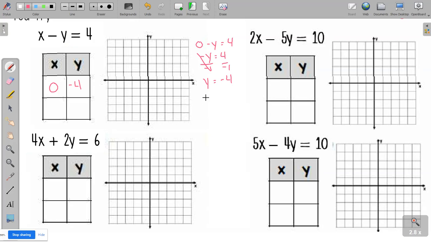Now if we do 0 in for y, we get x minus 0 equals 4. So x equals 4. Graph the 2 points. Draw your line.